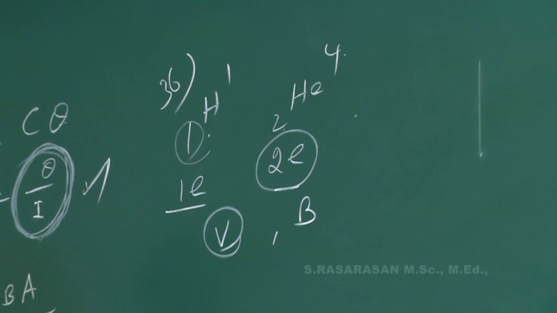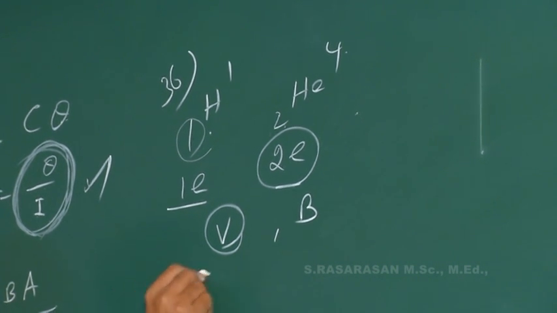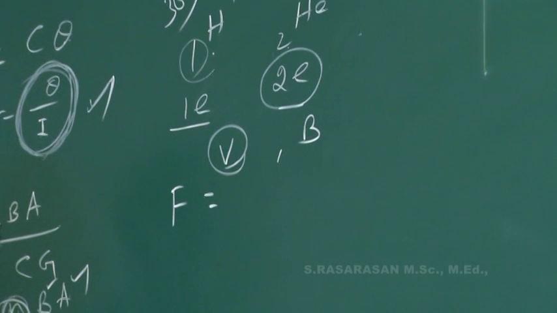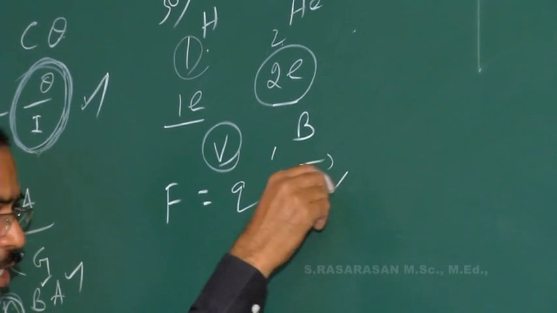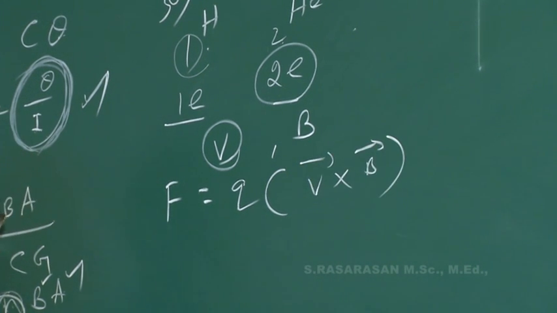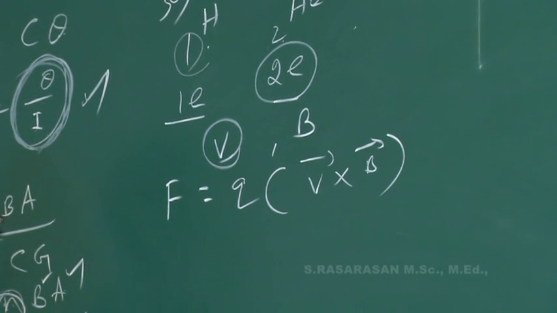What is the ratio of the magnetic Lorentz force? The magnetic Lorentz force is given by Q into V vector cross B vector, or say BQV sin theta.